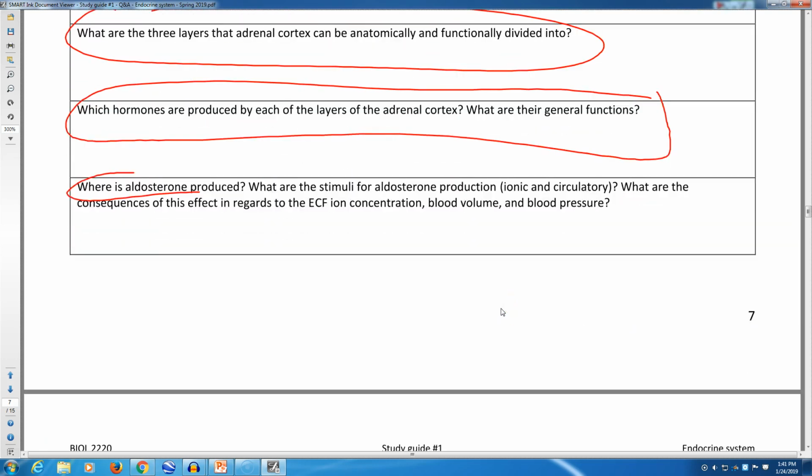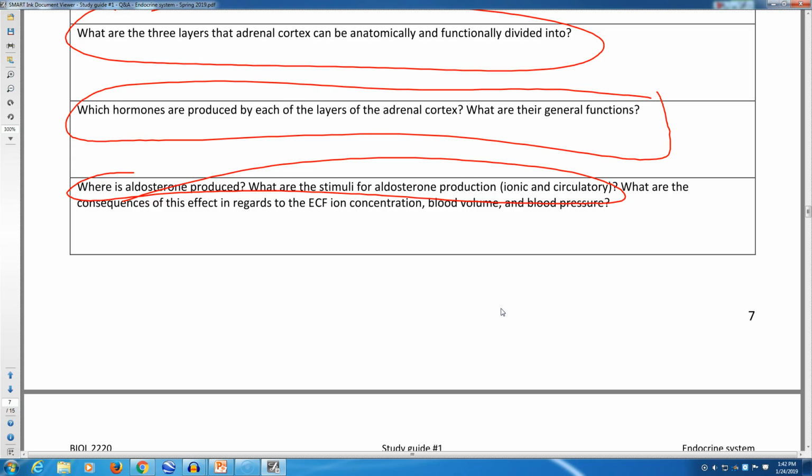So for aldosterone, we have 3 stimuli, right? One stimulus is low sodium in the ECF. That leads to increased sodium retention, followed by the increased retention of water. Stimulus number 2, low blood pressure, which stimulates the Renin-Angiotensin-Aldosterone System, and increased aldosterone levels will keep sodium in, followed by water going in, which will lead to elevated blood volume and blood pressure.